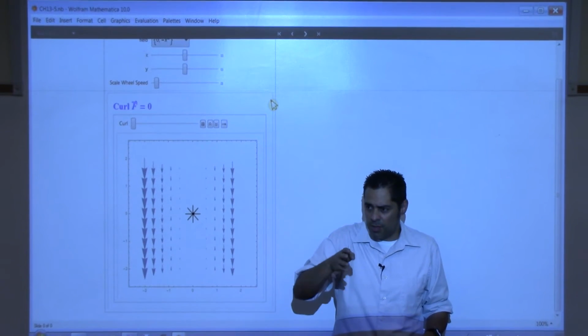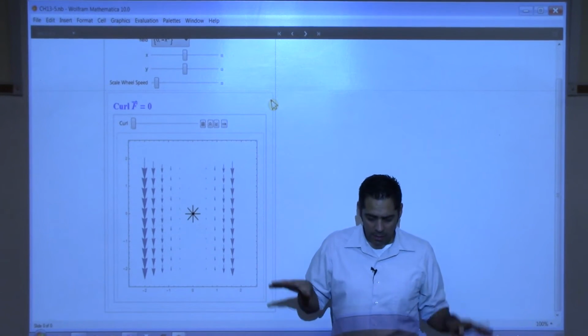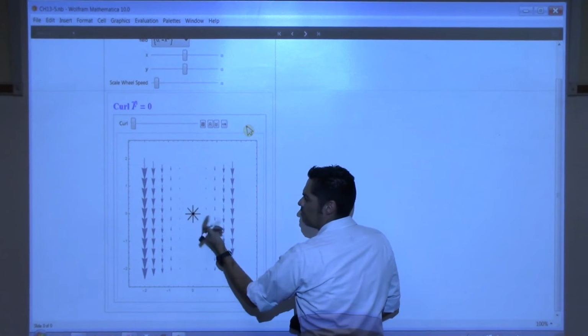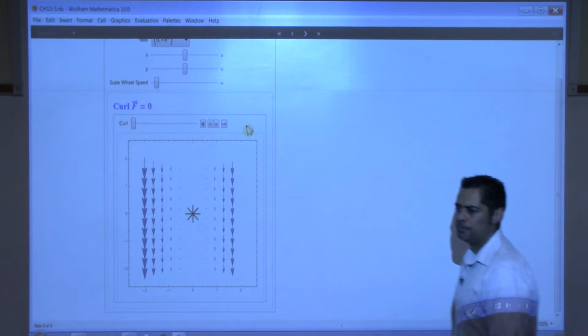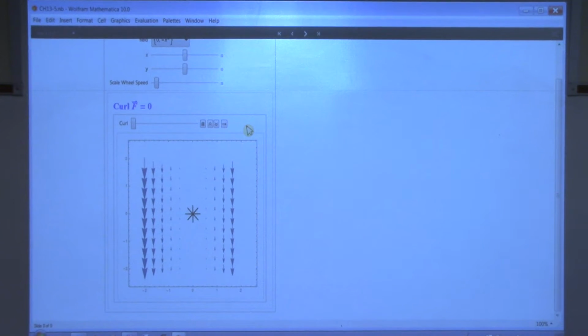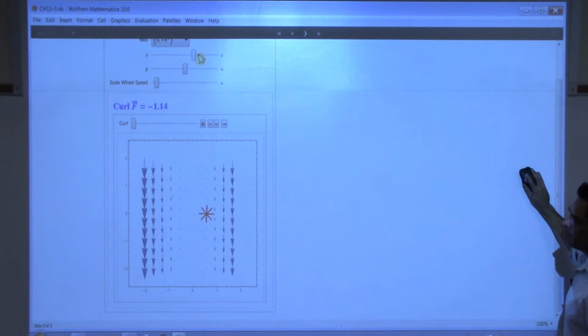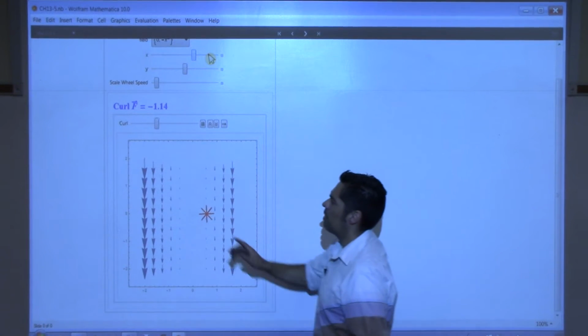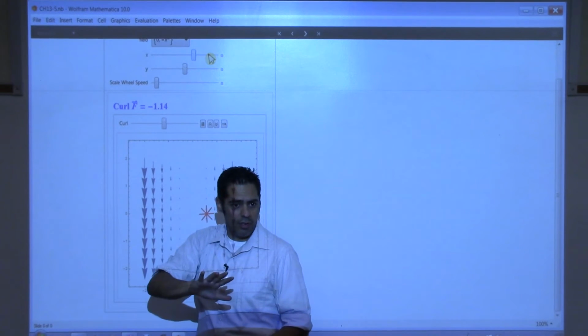Curl meaning like twisting, all right, turning. So I don't want to twist. What's going to happen if I slide my point to the right? What's going to happen? I should start spinning which way? Clockwise? Let me try. Okay, you see that? Clockwise rotation. And I'm having the computer calculate the curl for us, which I haven't shown you how to do.